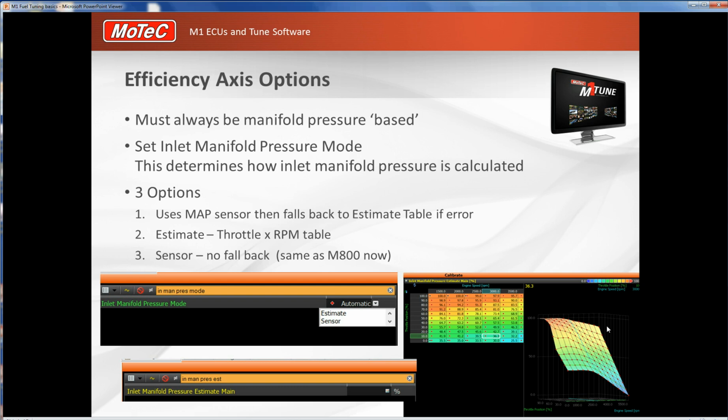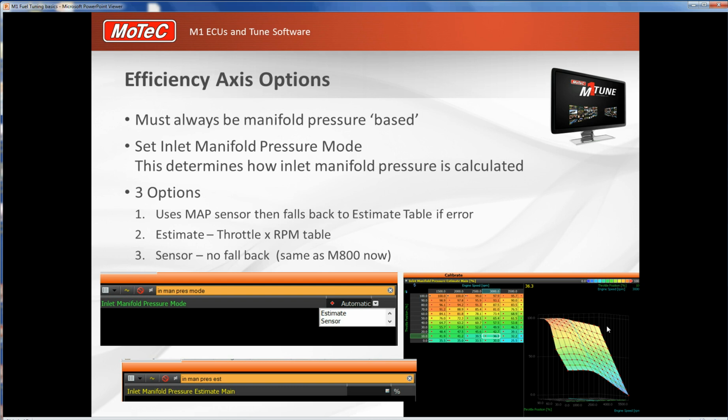Now, I can hear some of you asking, but I want to map it on throttle position. So what we give you, as you can see on the screen, is 3 options to determine how inlet manifold pressure is actually derived. Inlet manifold pressure itself can be derived from the inlet manifold pressure sensor. That would be option 3.